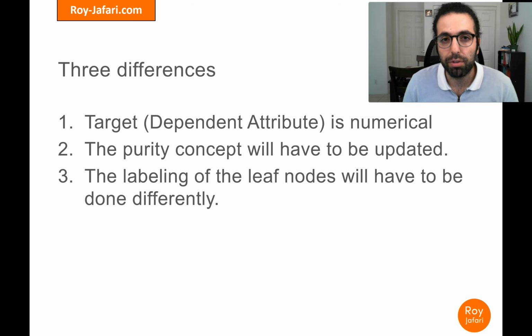For a numerical attribute, we're not going to have this class or that class. So not only will the concept of purity not make sense, but how we label the leaf nodes will also be done differently. So we're going over these three things.